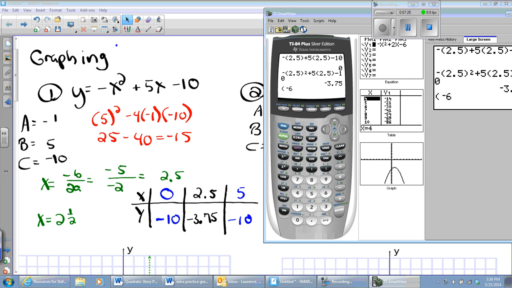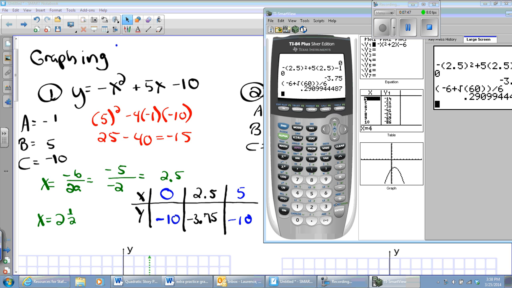Negative 6, and we'll do plus the square root of 60. Close that, and then I'll close the numerator, and then I'll divide by 6. All right, so one of my answers is going to be about 0.29, about 29 hundredths approximately.